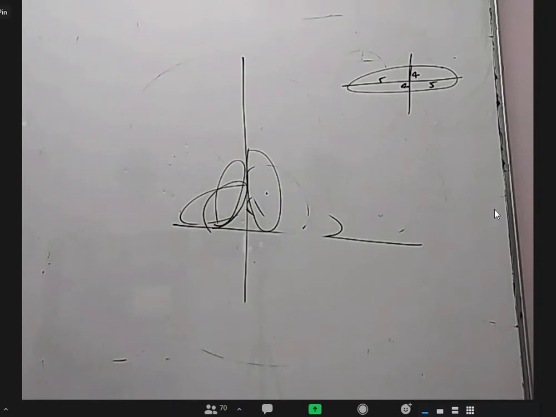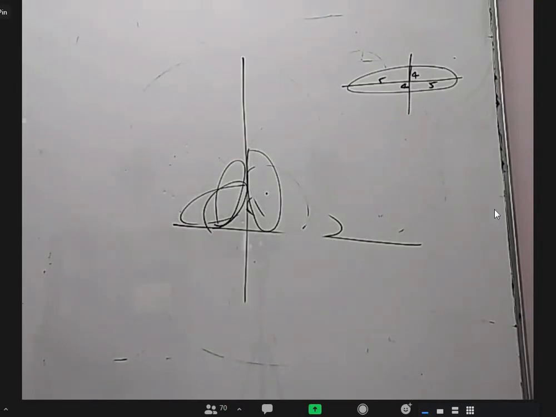Sir, the center doesn't move, sir. Center moves. For example, if you keep it completely vertical, what are the coordinates of the center? 3, 4, 5. If I keep it completely horizontal? 5, 5, 4. So it's changing, right? Surely.